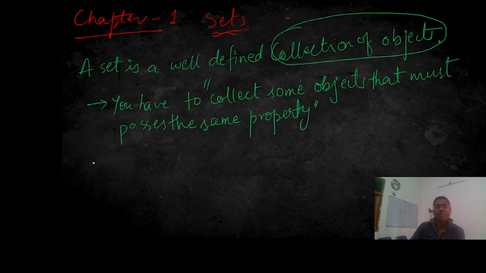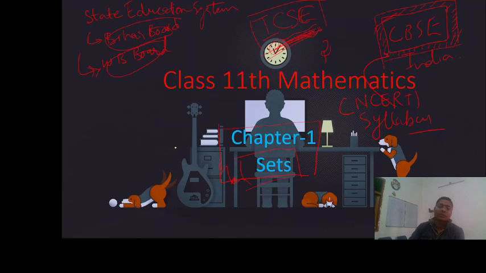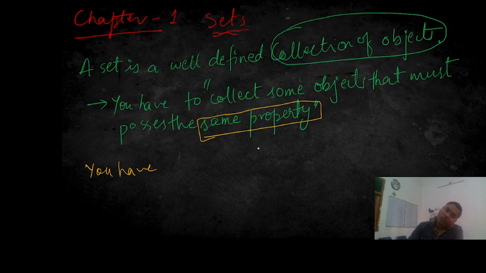So what next? If I give you a property, can you make a set out of it? Let's see. Let's just say you have a collection of natural numbers less than, say, 10.